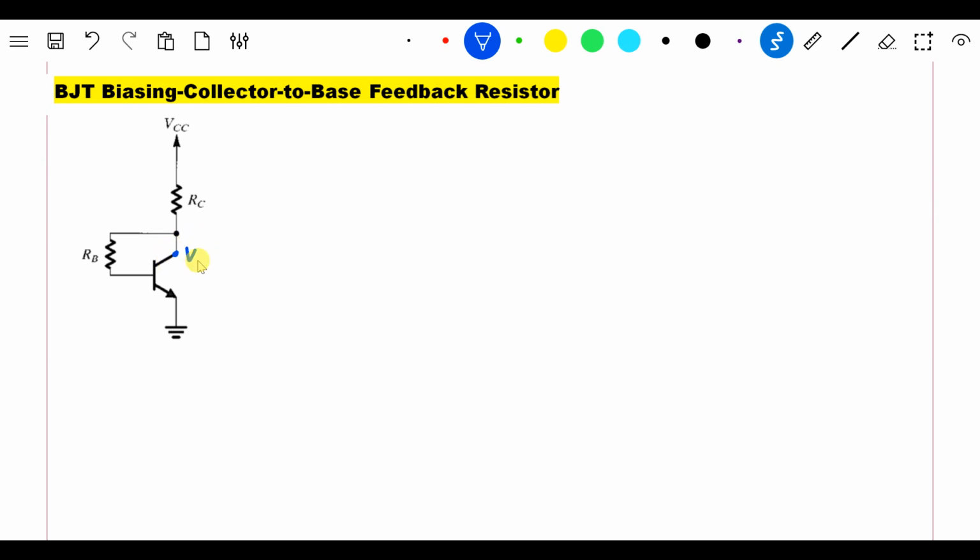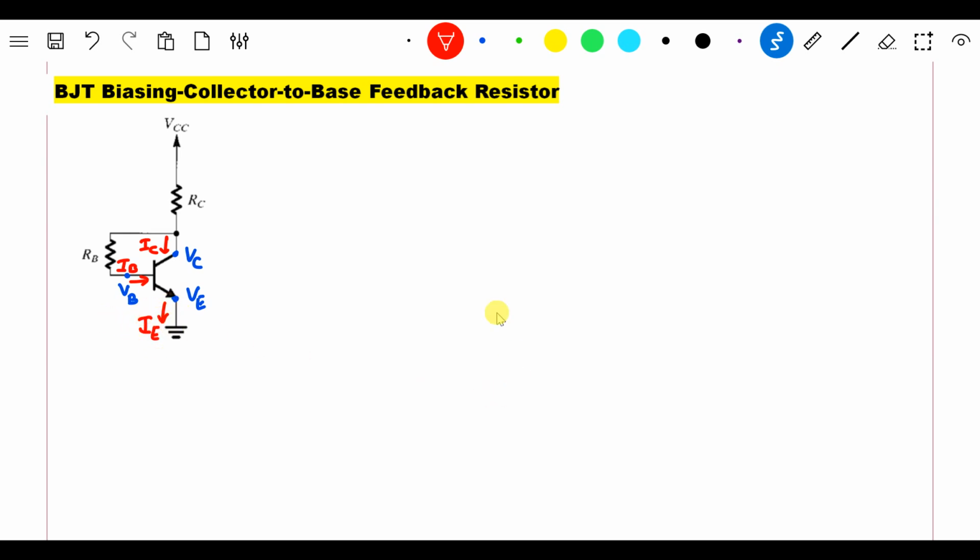So we have a voltage measured at the collector terminal, which is VC, a voltage measured at the emitter terminal, which we call VE, and a voltage measured at the base, which we normally call VB. Now we have the current passing through the collector, IC, through the base, IB, and a current through the emitter, which is IE.